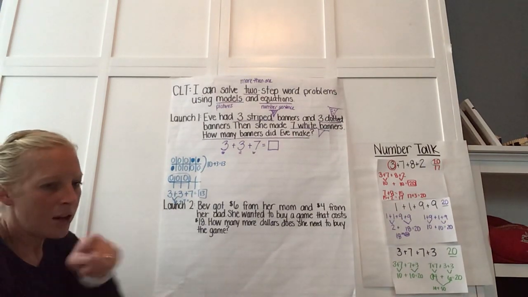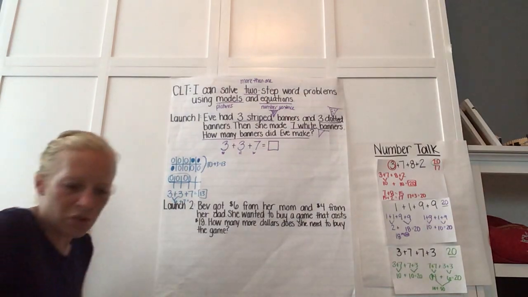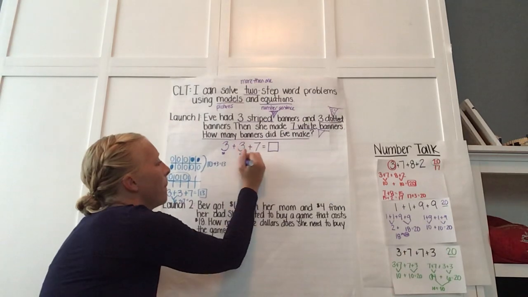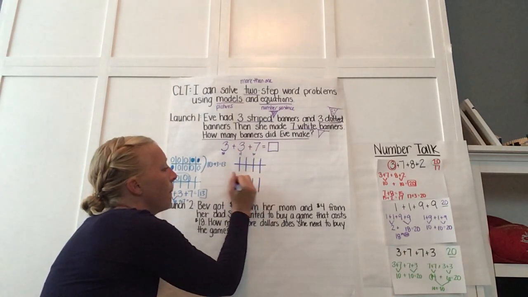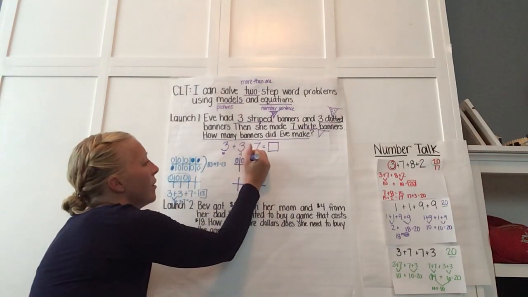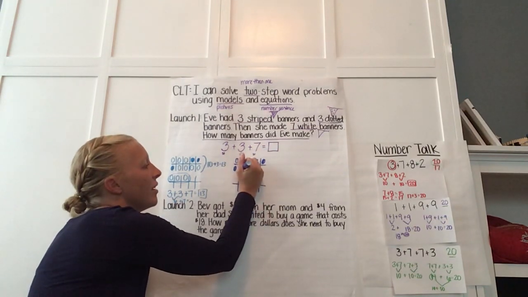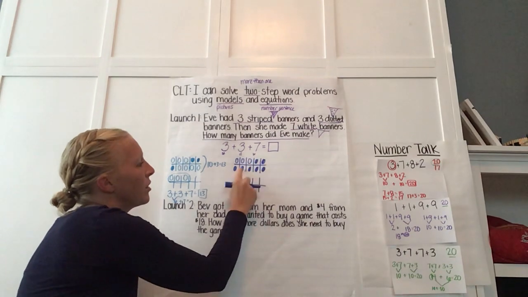How did you solve it differently? You used counters too. How did you solve it differently? You did 3 and then 7. 1, 2, 3, 4, 5, 6, 7.